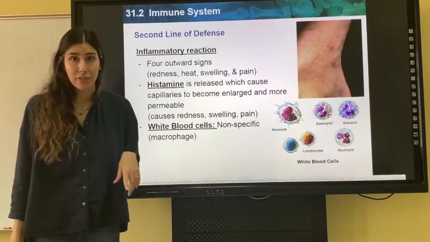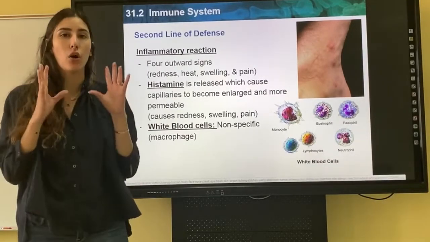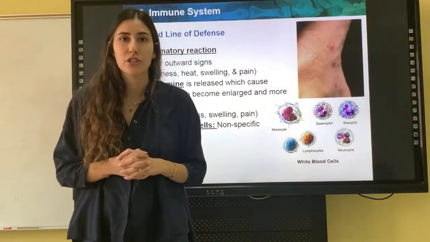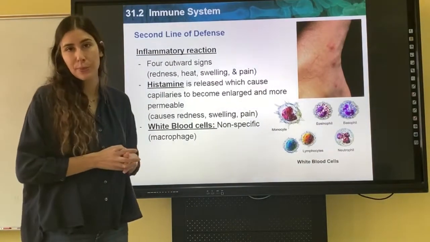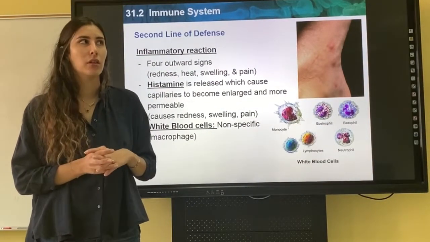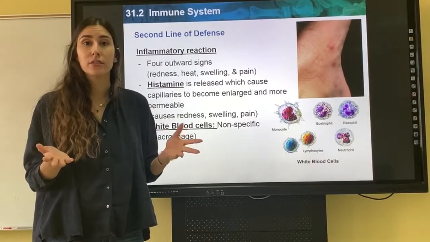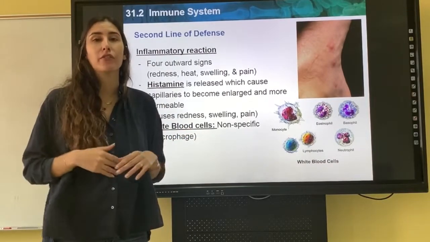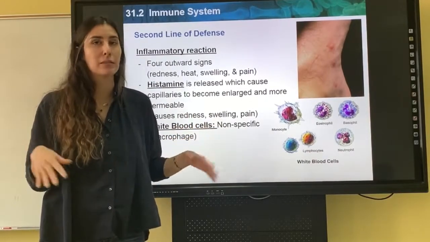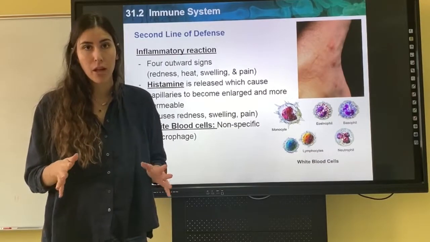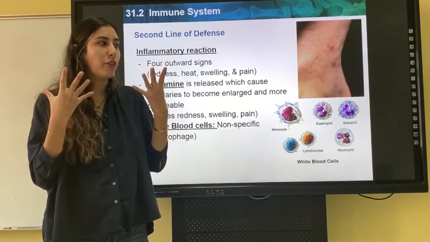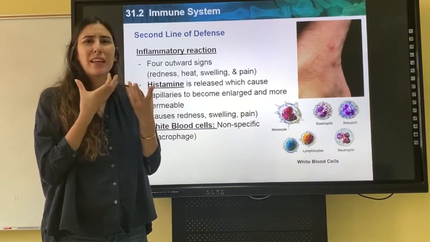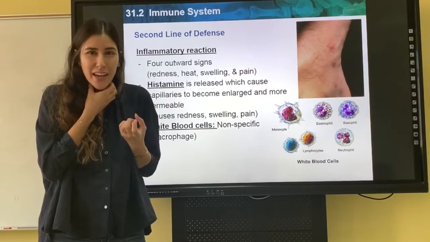Our second line of defense is also known as the inflammatory reaction. I'm sure you've experienced this whenever you've had a cut or an injury, or even if you're someone that has allergies, you probably experience this all the time. Sometimes you feel like your throat is tight, right?